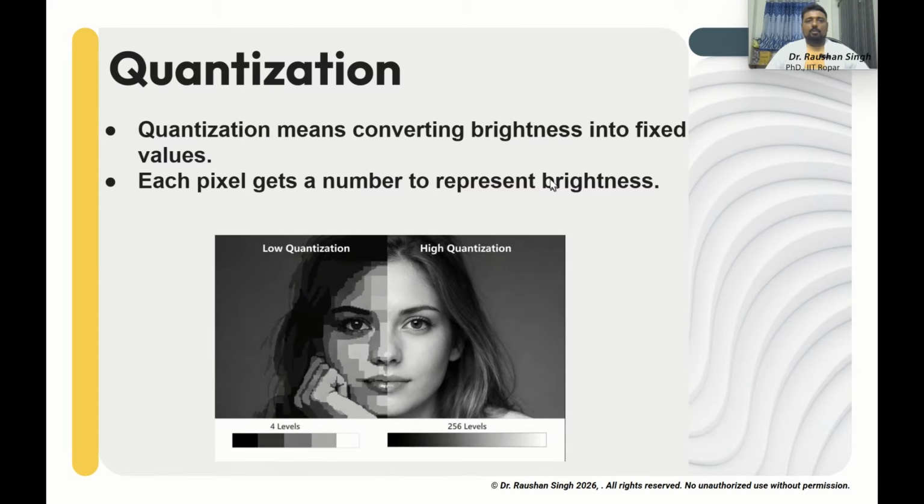Okay. So let's see. This is, you can say, low quantization. Half part of this image is low quantization and half part of the image is high quantization. Okay. So 4 levels and here 256 levels. So in simple words, only 4 possibilities are there.